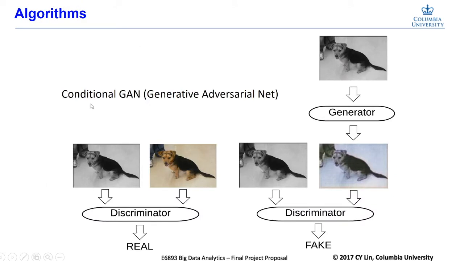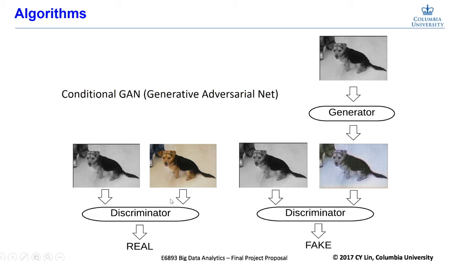The main algorithm we're using is Conditional GAN. Here we can see there is a generator and a discriminator. The process is like this: first we put the grayscale image into the generator, and then the generator will generate a fake colorful image, and then concatenate it with the grayscale image, and put them together in the discriminator.